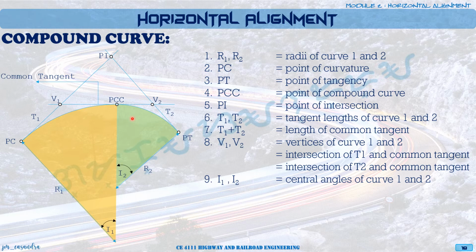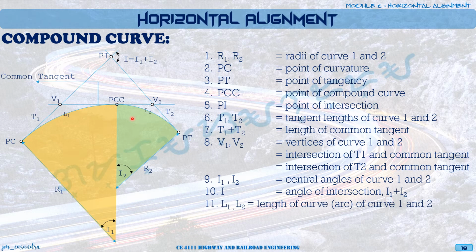You also have your I1 and I2, or the central angles for the two curves, 1 and 2, which could also be called your delta 1 and delta 2. Then we have your I, which is the angle of intersection of our tangents, which is simply the angle of intersection 1 plus angle of intersection 2.